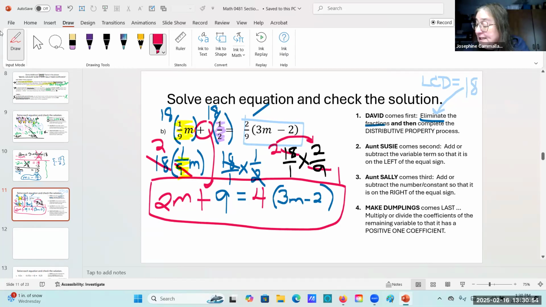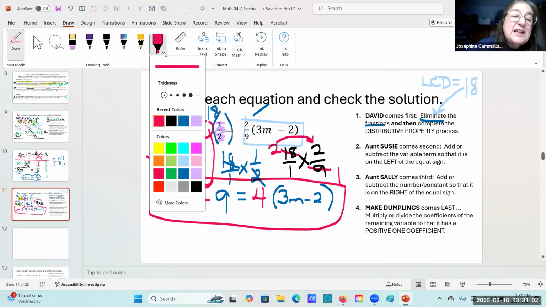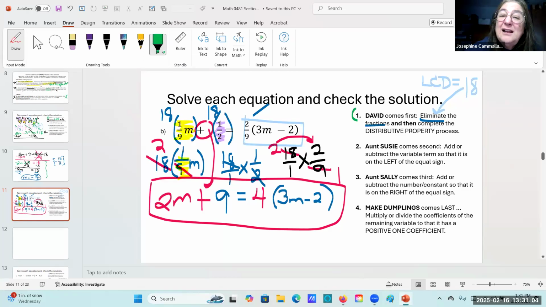Now we're going to continue. I'm going to show you how I'm going to distribute, because we're still at this first step. There are 3 parts to it, but there is an order. Fractions or decimals go first, then I distribute.